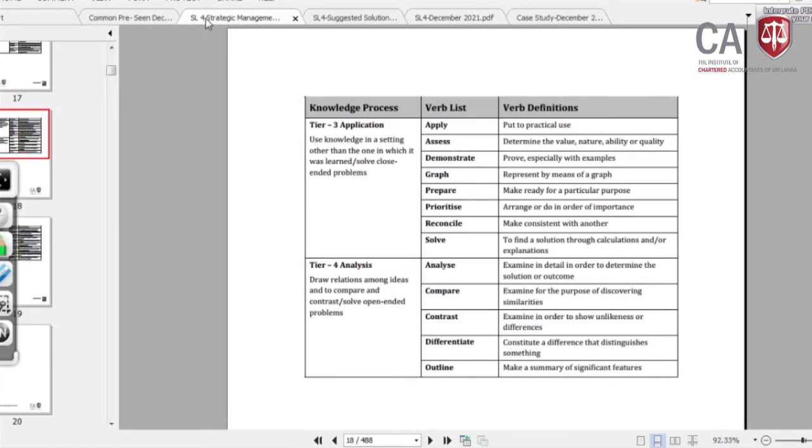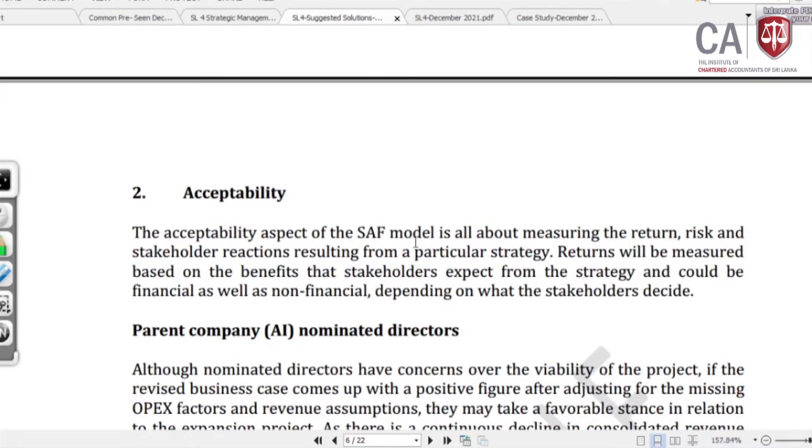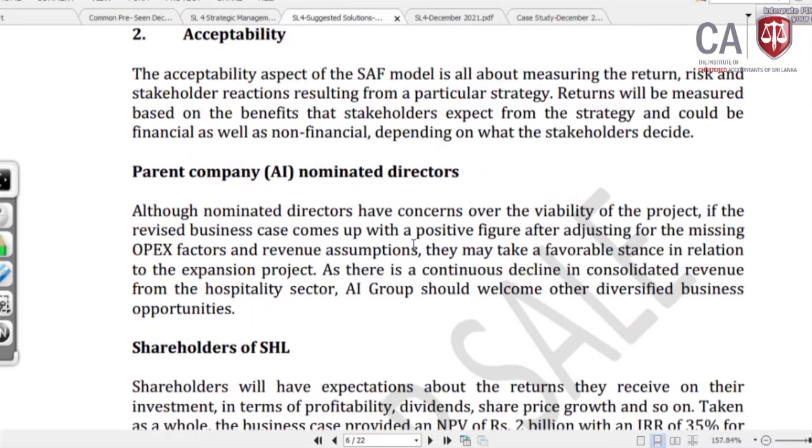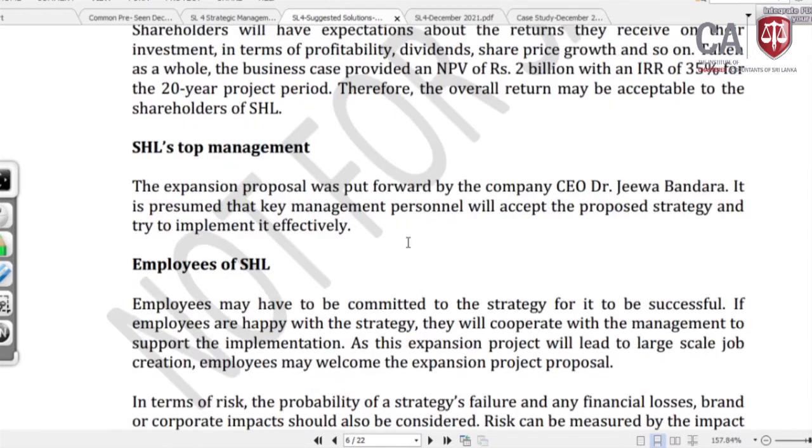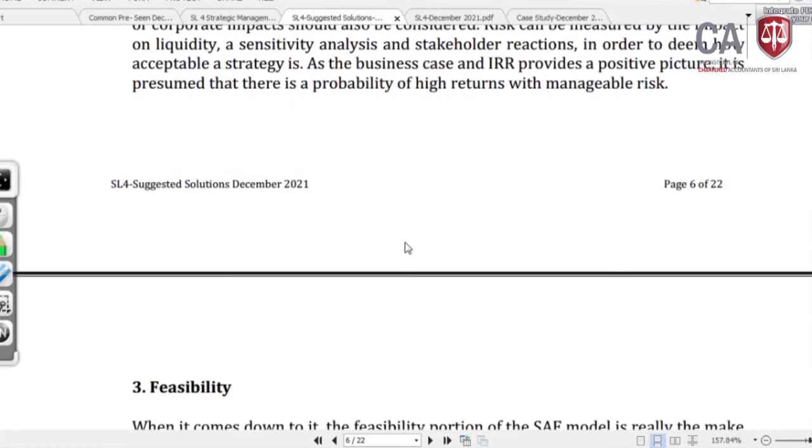Right. We will check what the examiner says on this. He has identified the board of directors, shareholders, top management, employees of SHL.